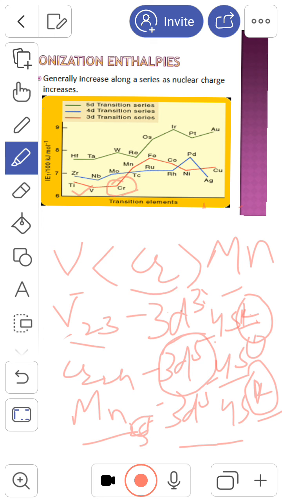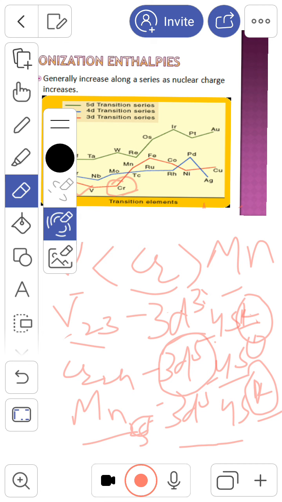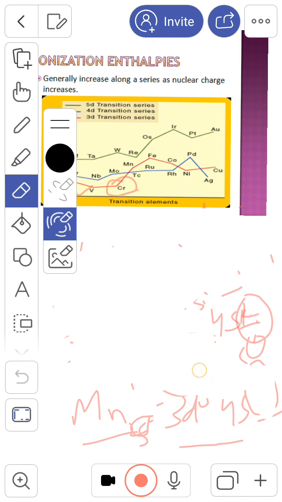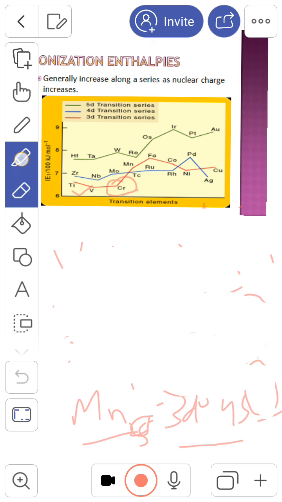And in the case of third ionization enthalpy, that is from Fe2+ to Fe3+. Here it is Fe2+.